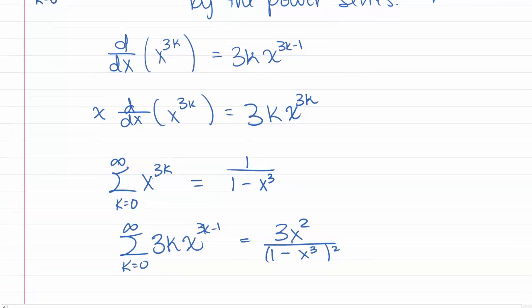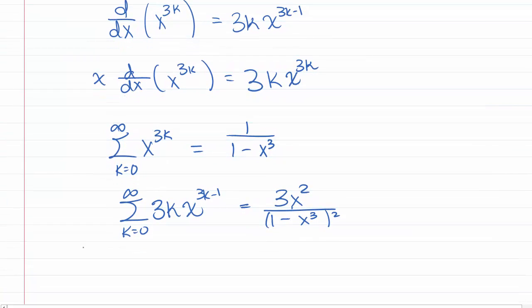And then we want to multiply both sides by x. So x on this side gives us the series we're trying to find, 3k x to the 3k, and x on this side gives us 3x cubed over (1 minus x cubed) squared. And that is the function that is represented by this power series. Now, of course, we have to worry about the interval of convergence.